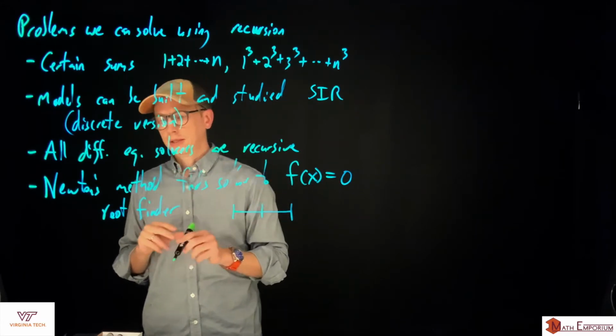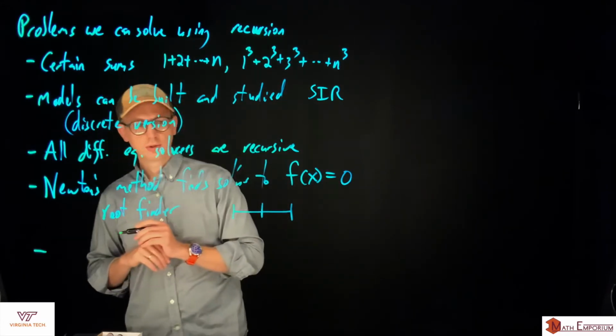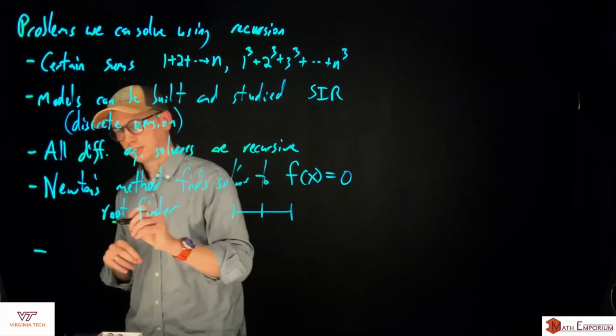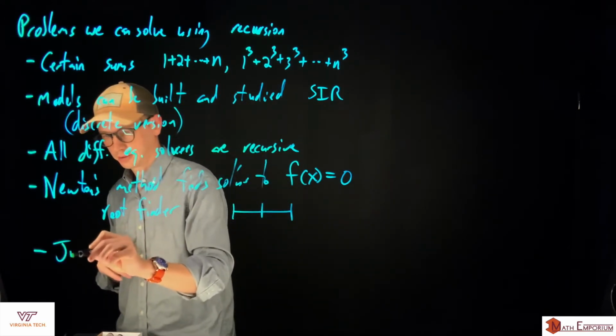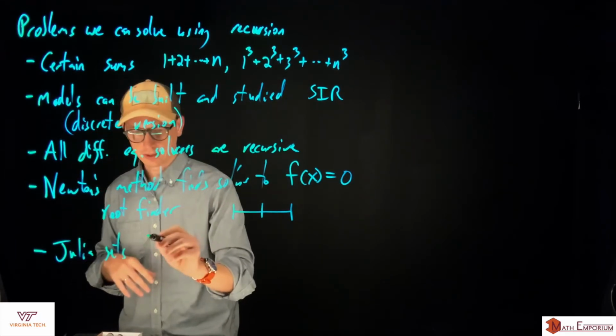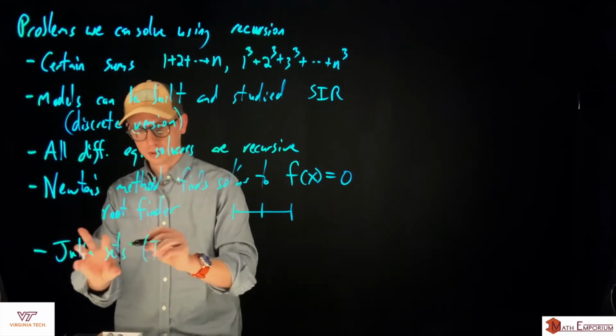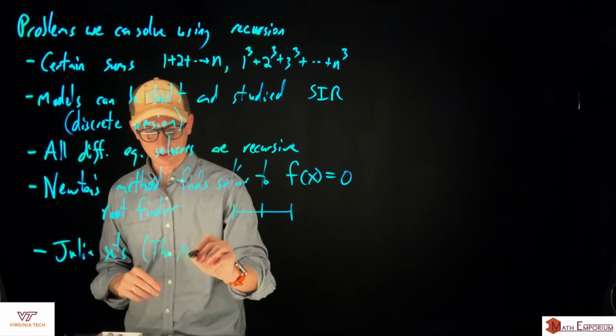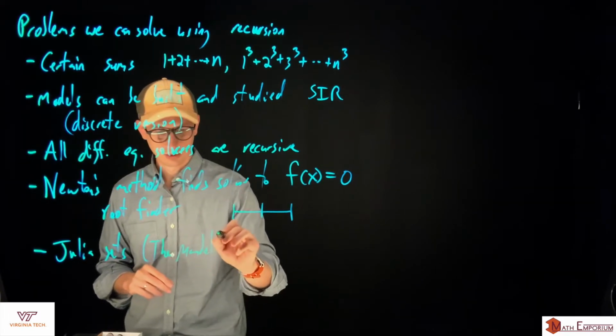All right, and then if you're interested, this is more just recreational, but if you want to make things called Julia sets, or the Mandelbrot set, and this is plural, Julia sets. There's the Mandelbrot set, which is singular.